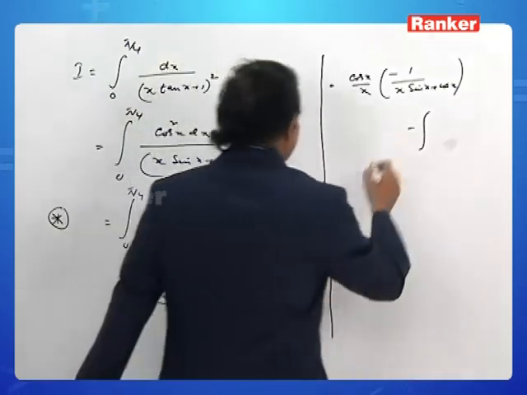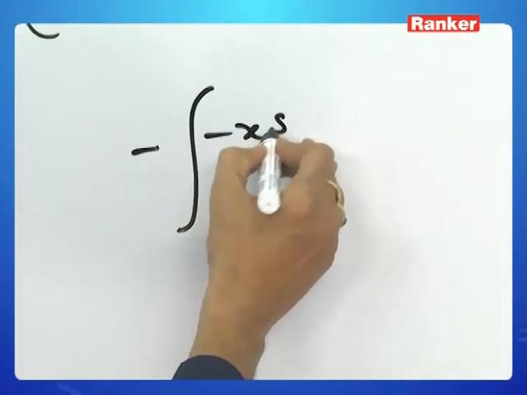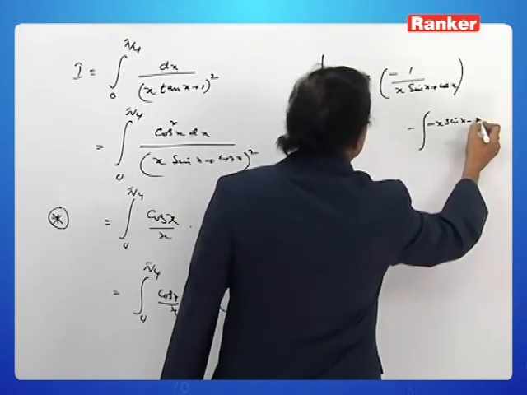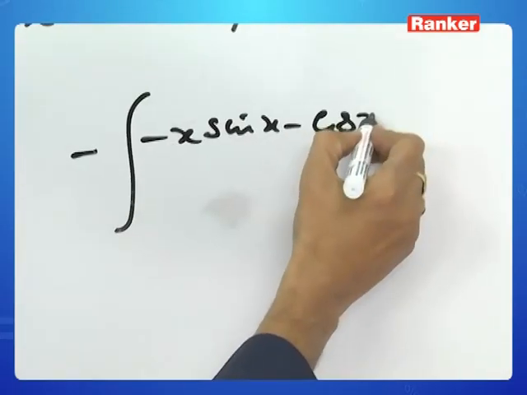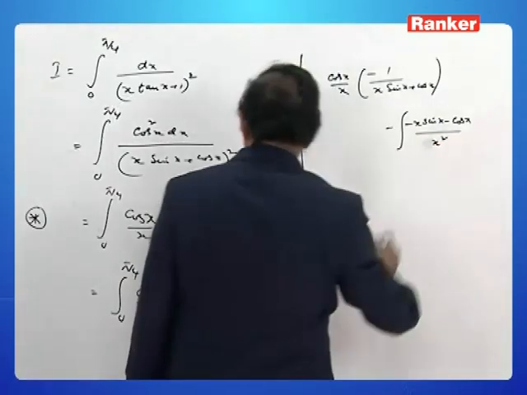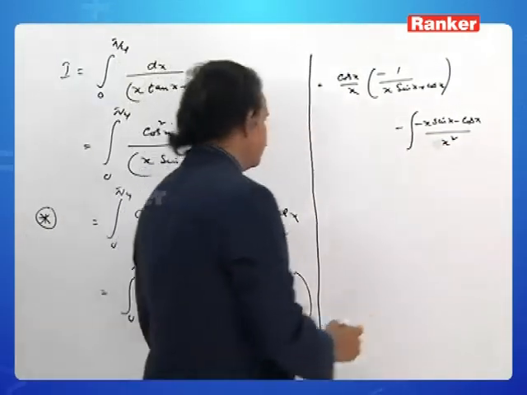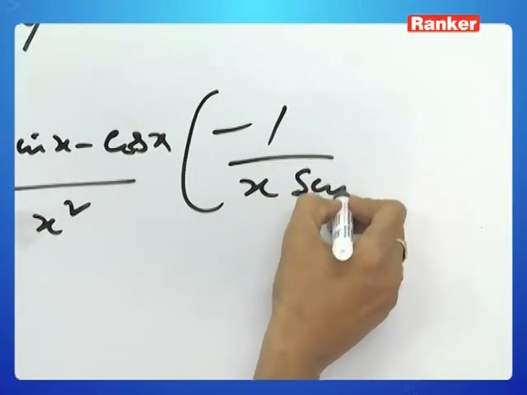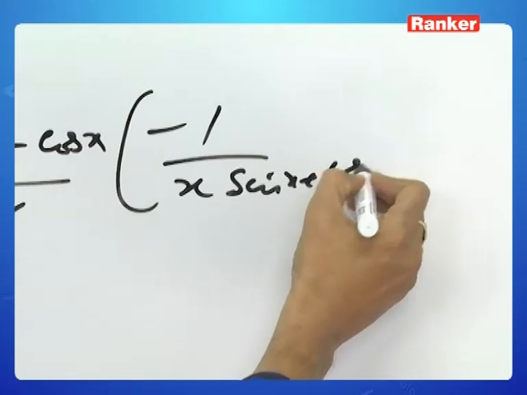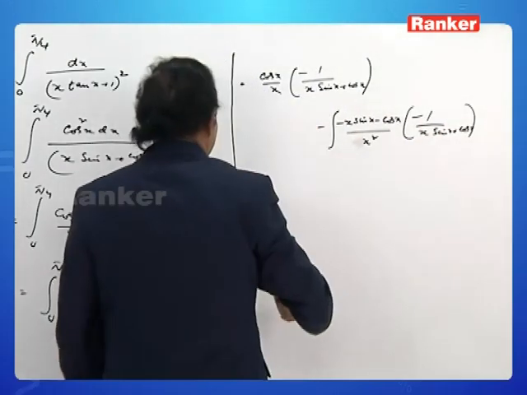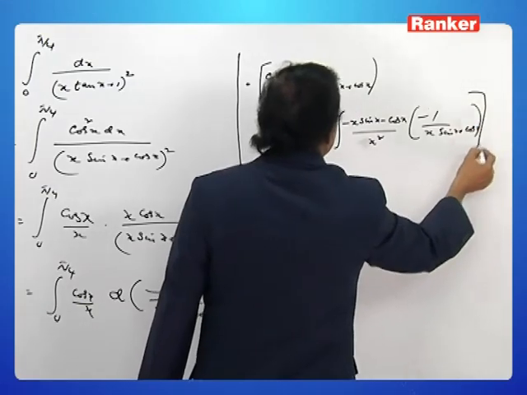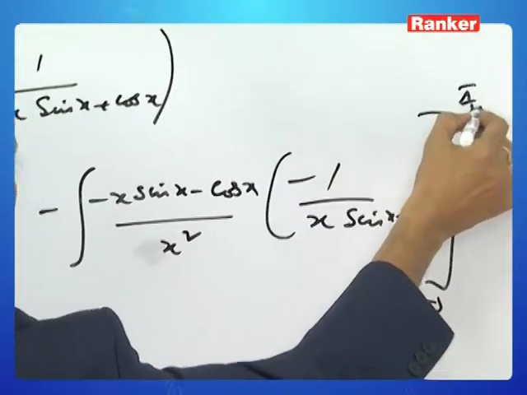U dash v, that is minus x sin x, minus v dash u, that is cos x by x square, into integral of this, minus 1 by x (x sin x plus cos x), between the limits 0 to pi by 4.